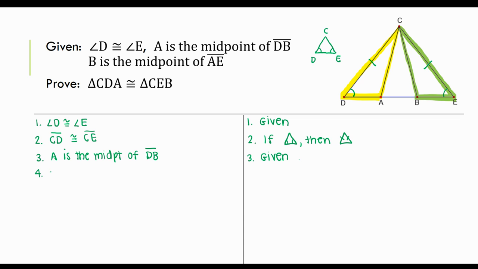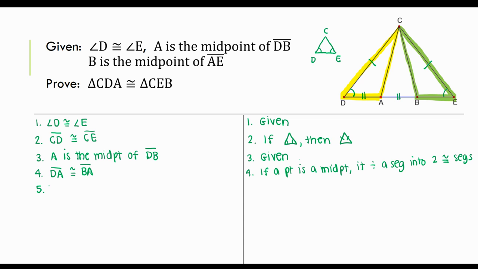So looking at the problem, it looks like segment DA is going to be congruent to the segment BA. And like we said, if a point is a midpoint, it divides a segment into two congruent segments. So now I get to mark that those two segments are congruent.